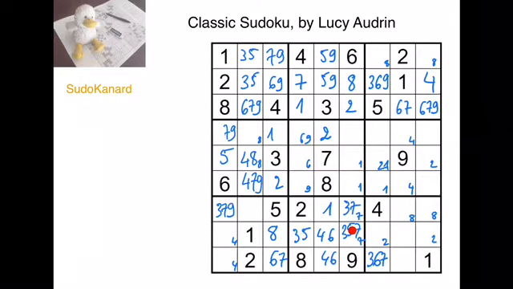There's a 5 in one of those cells. So there's a 5 here. And 1 in those cells.